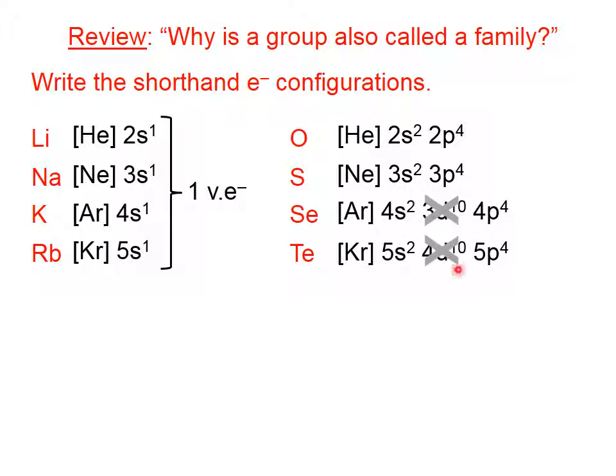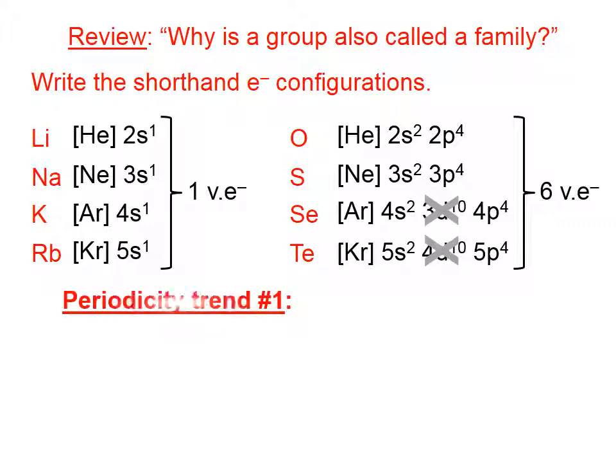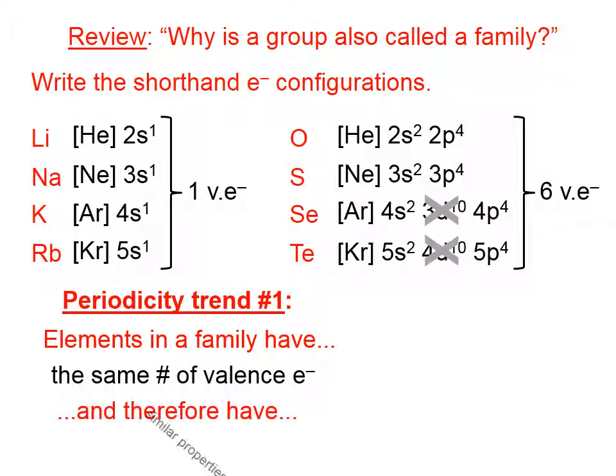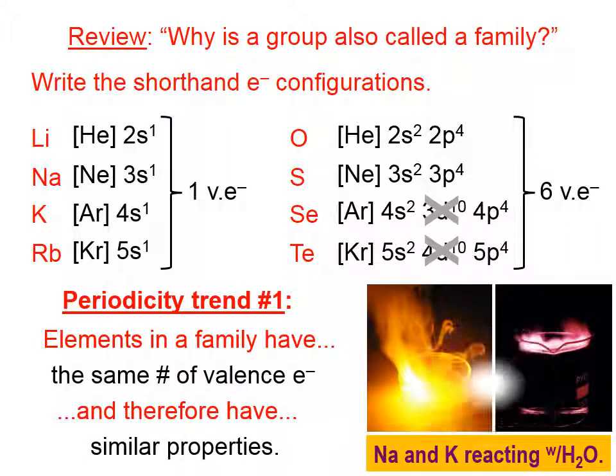Similarly, for tellurium, these 10 4d electrons are not considered to be valence electrons, which means that all of these elements, which are again in the same family, have 6 valence electrons. This brings us to periodicity trend number 1. Elements in a family have the same number of valence electrons, and therefore they have similar properties.